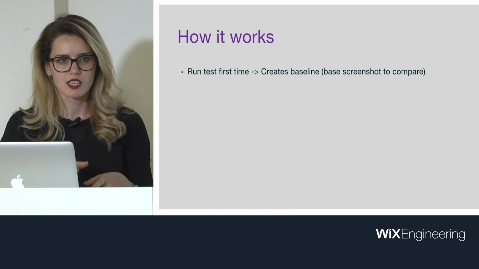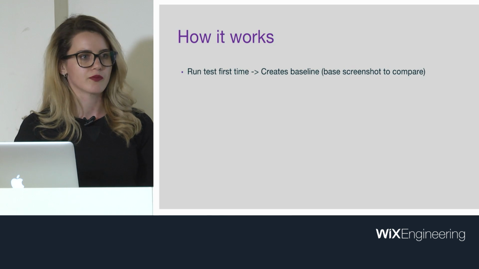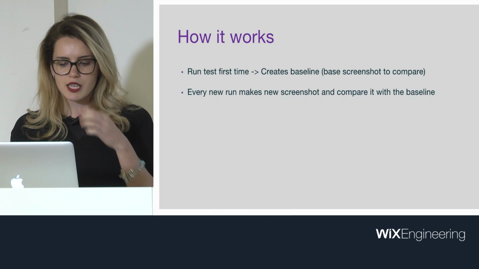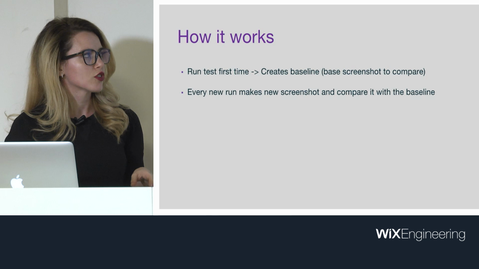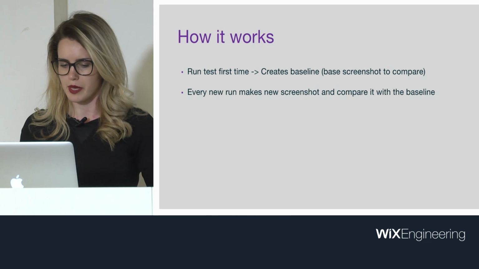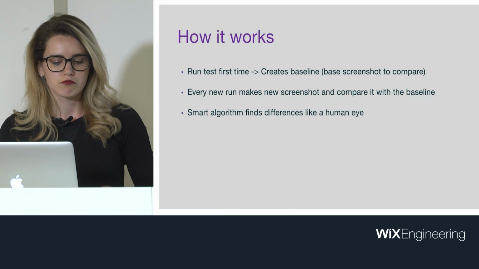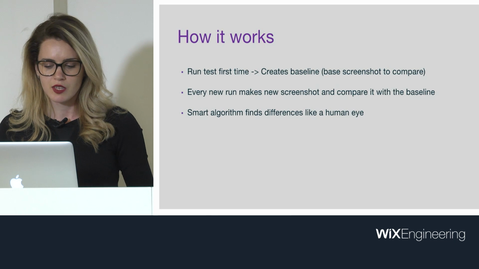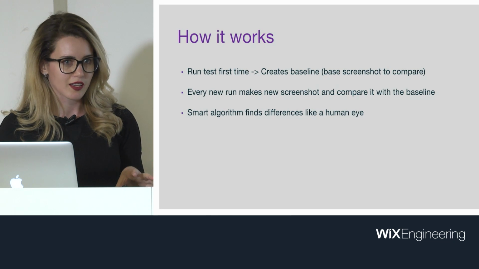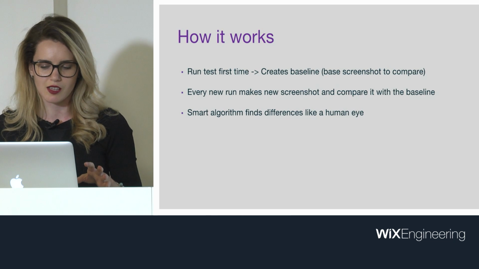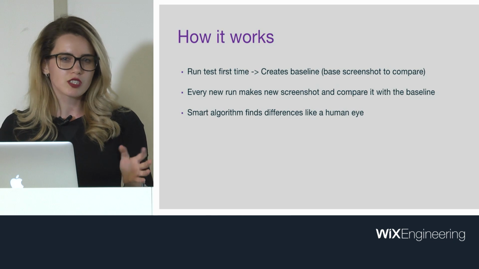First of all, it runs the test the first time and creates a baseline, which is a base screenshot it will compare to. Then every new run makes a new screenshot and compares this new screenshot with the baseline which you saved in the first step. Then a smart algorithm finds differences like a human eye. It's really like a human eye. So you can set it to be pixel to pixel comparison, but usually you don't need it.